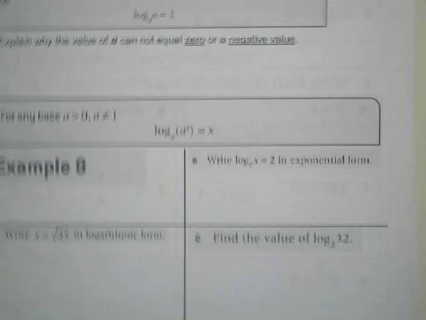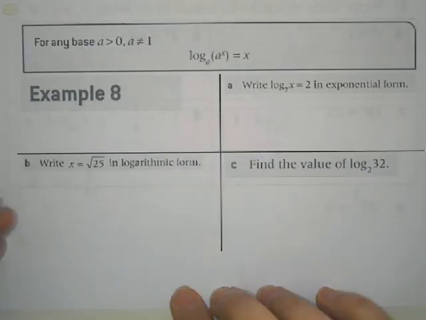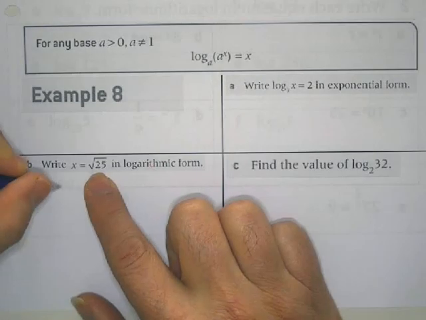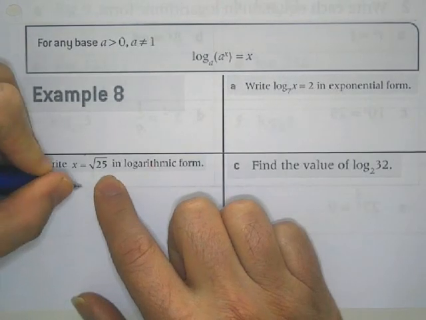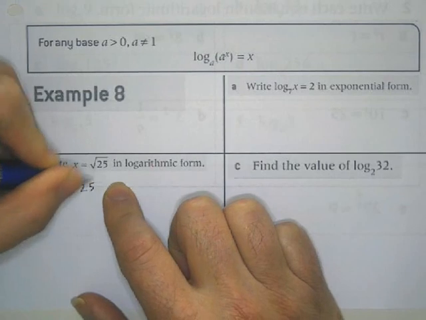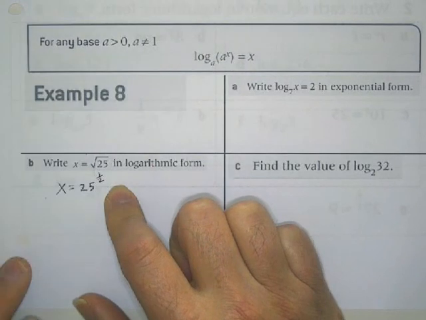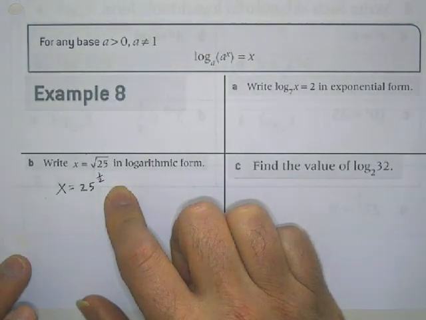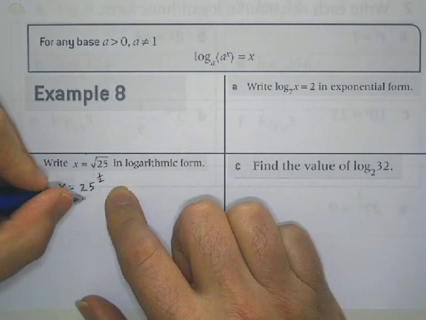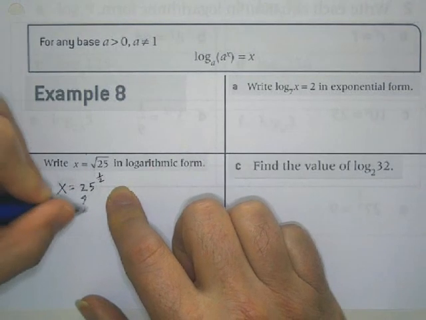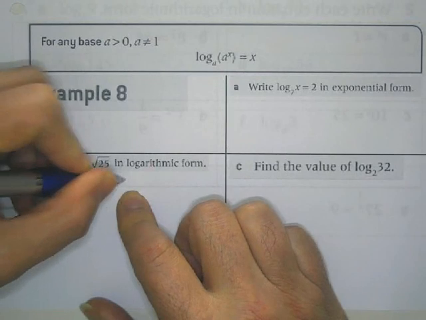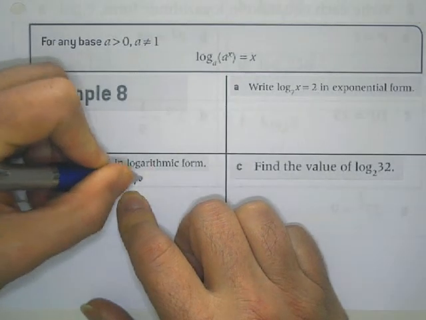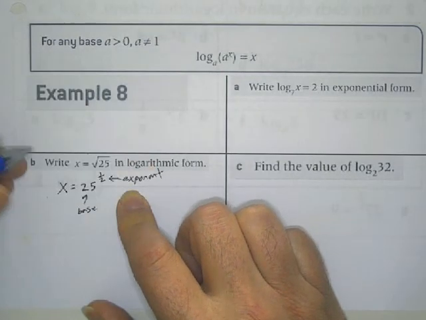Here, let me do these with you. Okay. I'm going to rewrite this as 25 to the power of 1/2. Okay. And so my base, here's my exponent, and here's my argument.